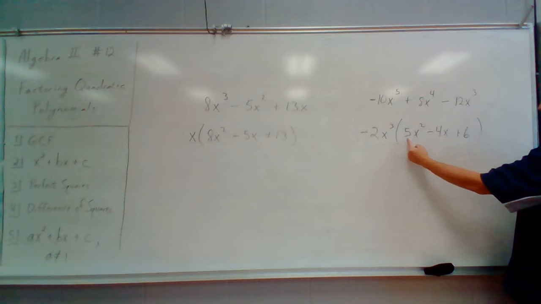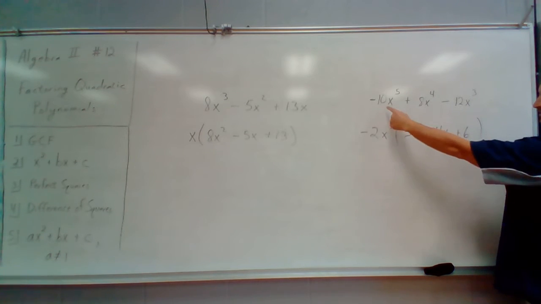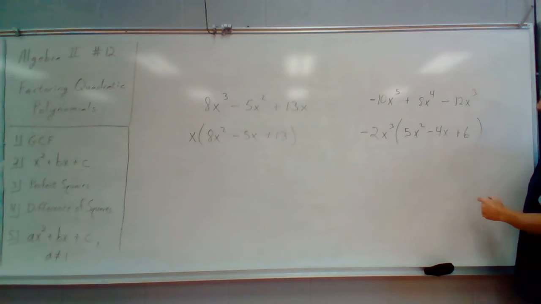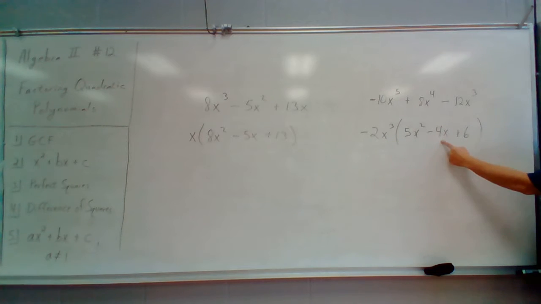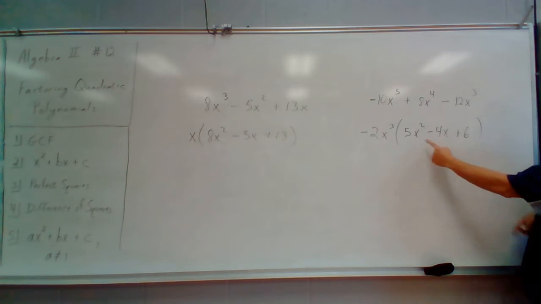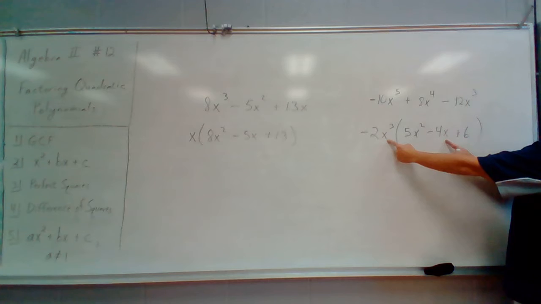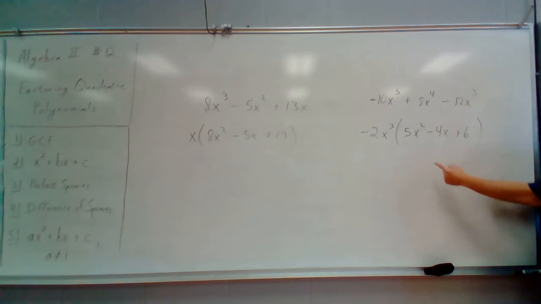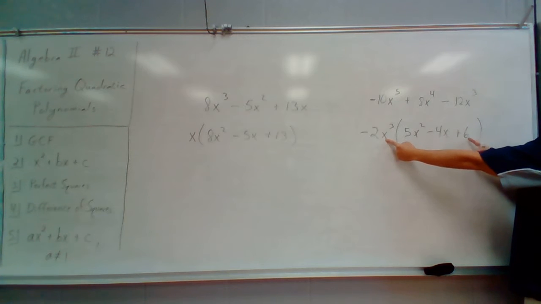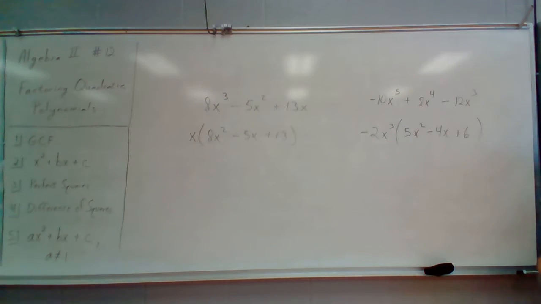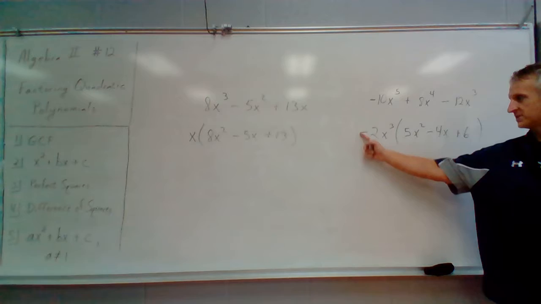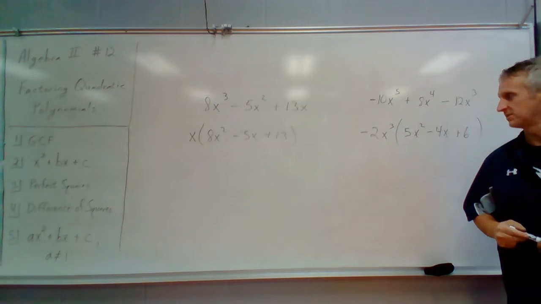Negative 2x to the third times 5x squared is negative 10x to the fifth. Remember, we add the exponents. Negative 2x to the third times negative 4x would be 8x to the fourth. And negative 2x to the third times 6 would be negative 12x to the third. So we have factored out the greatest common factor of negative 2x to the third.